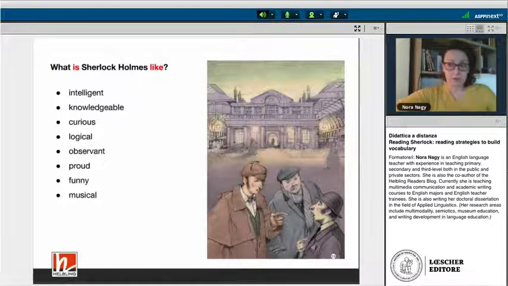He's also very curious. He's interested in all sorts of crimes. He's logical and observant. That's how he solves crimes. He's also proud, funny, and musical. Someone has mentioned violin before, and that was a good comment because we know that he also likes music. So these are a couple of words that you can use just to describe him. All right.